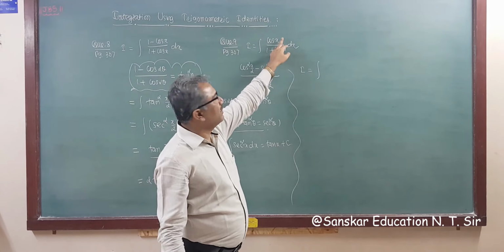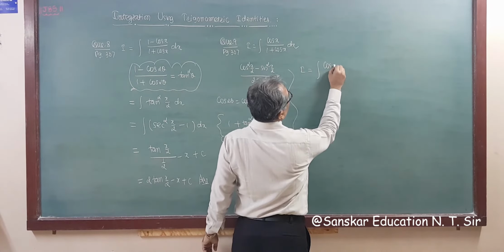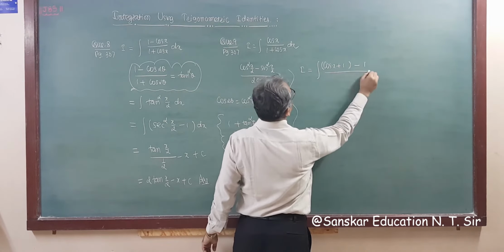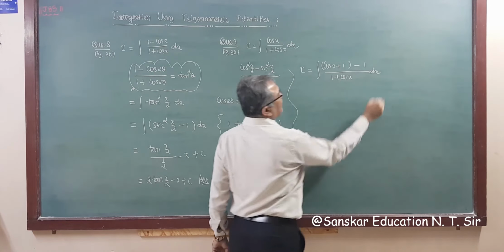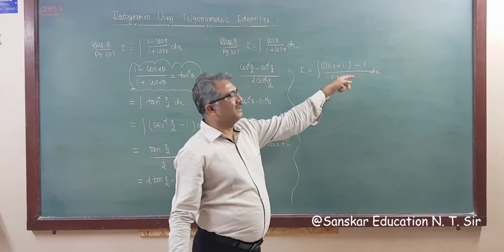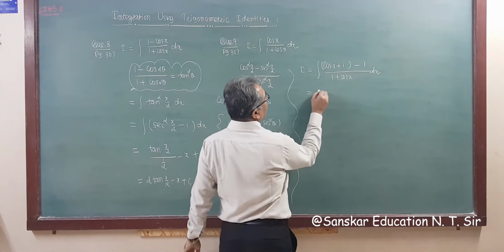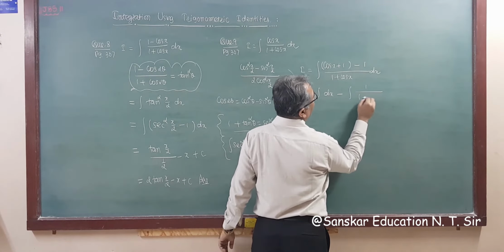So adjusting the denominator in the numerator, that is adding 1: cos x plus 1, I am adding 1, which means I have to subtract 1 also, and this is 1 plus cos x dx. Now bifurcating this, we get integration dx minus integration 1 upon 1 plus cos x dx.